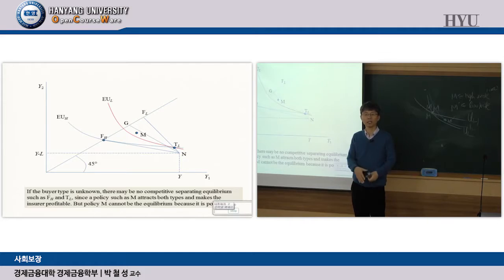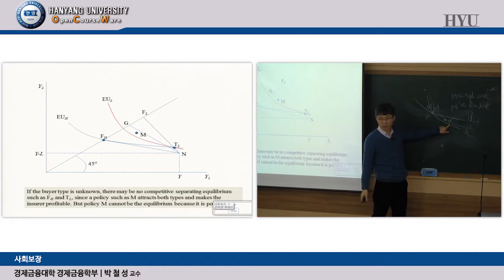A pooling equilibrium can always be interrupted by another company that sells something like M prime. Then this company will have only high-risk clients and will lose money, because they cannot charge more than the high-risk probability.